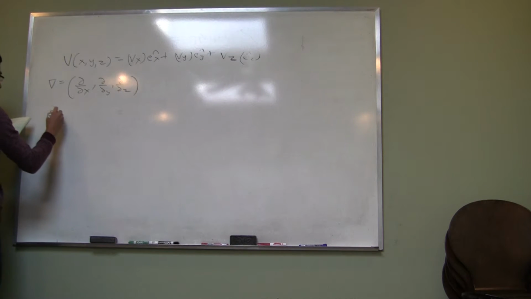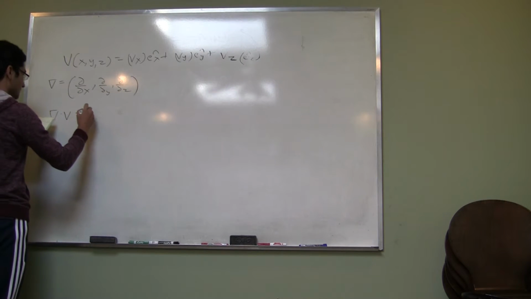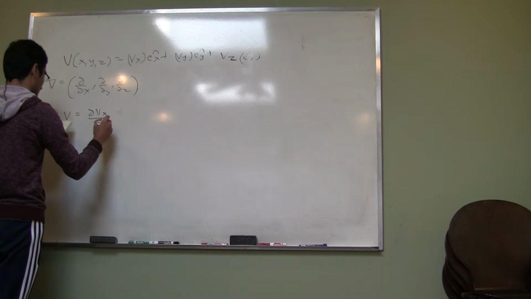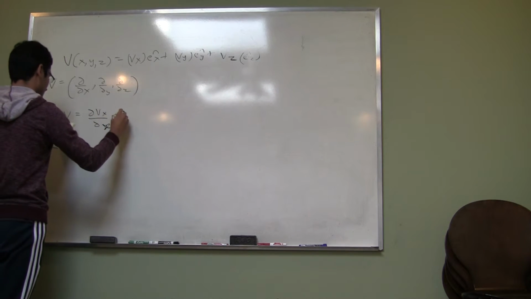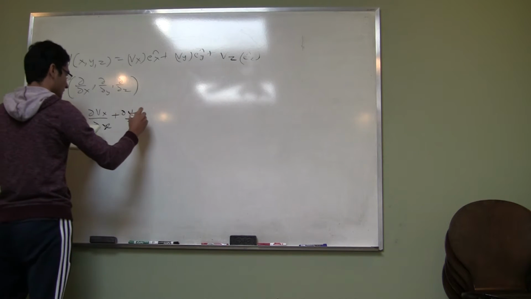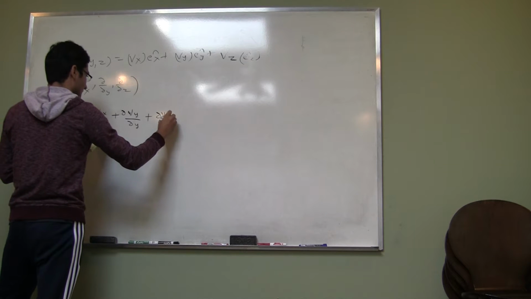And divergence is dvx by dx plus dvy by dy plus dvz by dz.